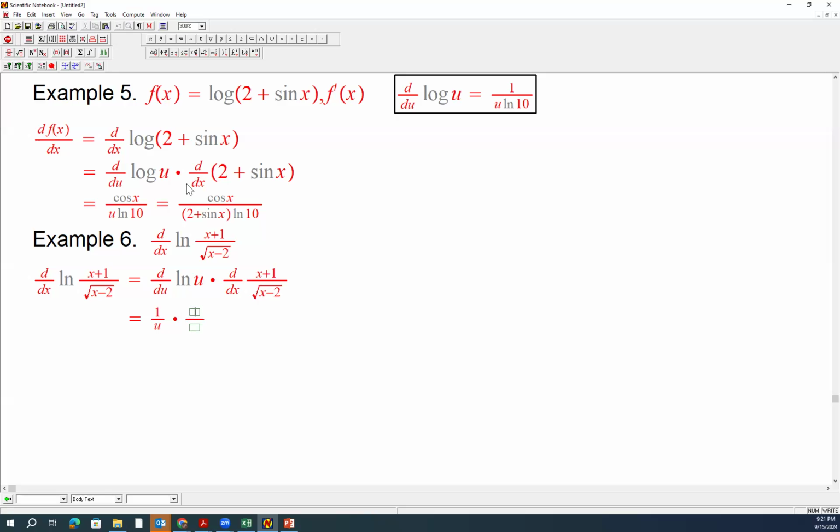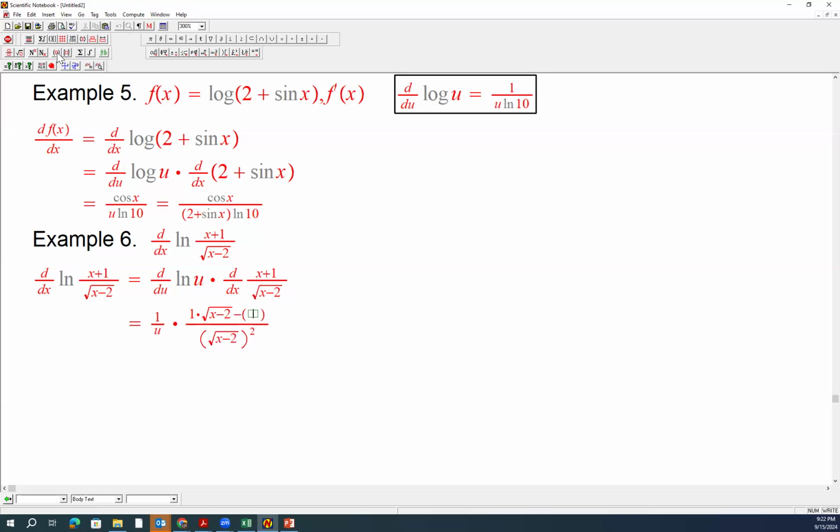So that's going to be the quotient rule. So square root of x minus 2 squared. And differentiating x plus 1, that's 1. 1 multiply the square root of x minus 2, subtracting.